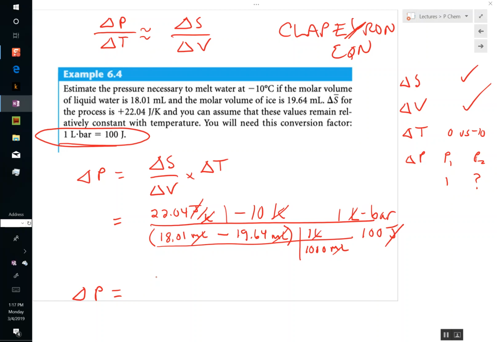Well, it's a delta T. Oh yeah, it's delta T. So normal liquid water, normal ice is at 0, right? So the temperature change is 10 degrees. Negative 10 minus negative 10. And then do positive 22.04 joules per Kelvin, and then negative 0.0065.